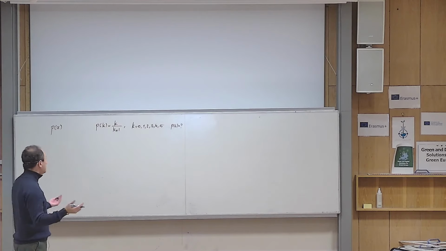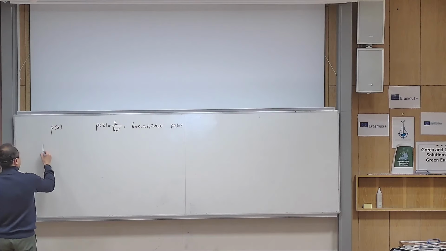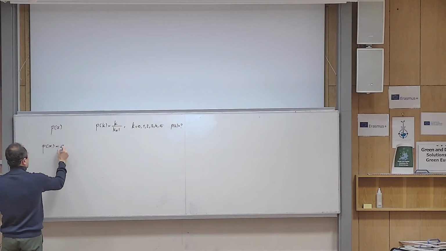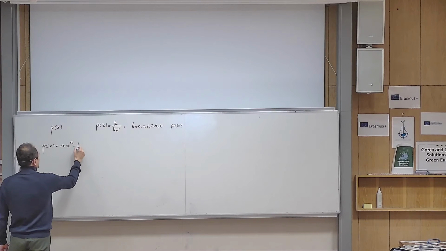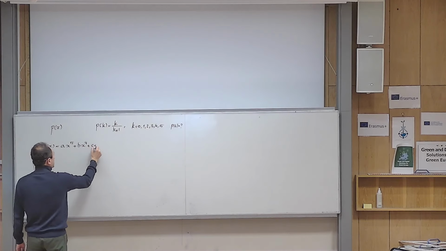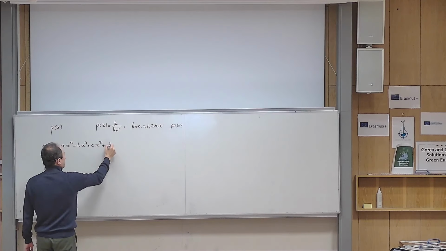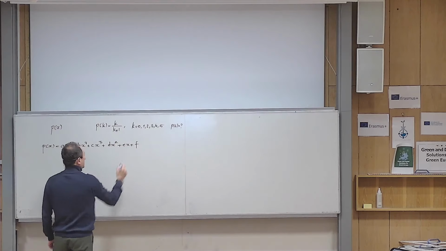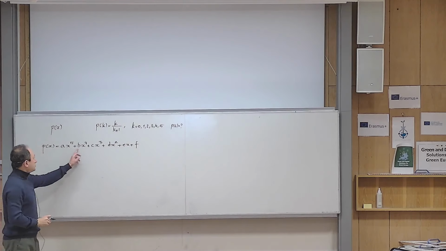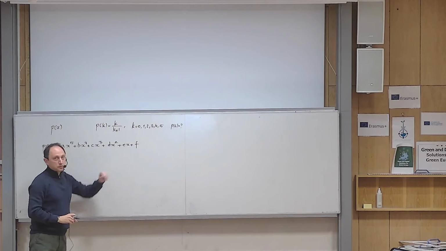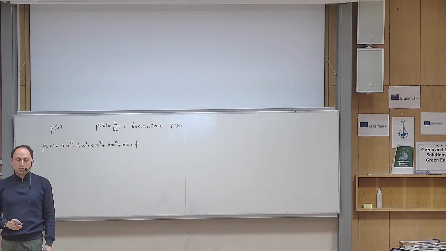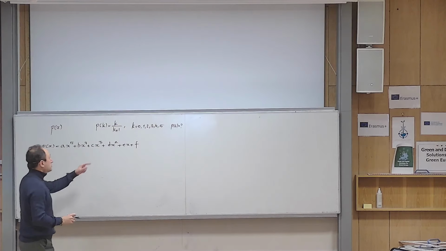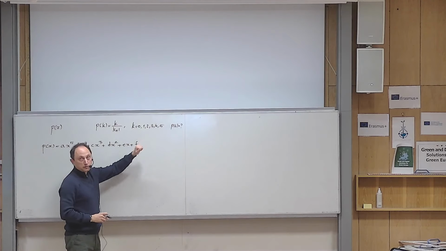Because a polynomial of degree 5 is of this type, ax to the power of 5 plus bx to the power of 4, plus cx to the power of 3, dx to the power of 2, ex, and plus f. So 1, 2, 3, 4, 5, 6 parameters are unknown for us, but I also have 6 pieces of information.